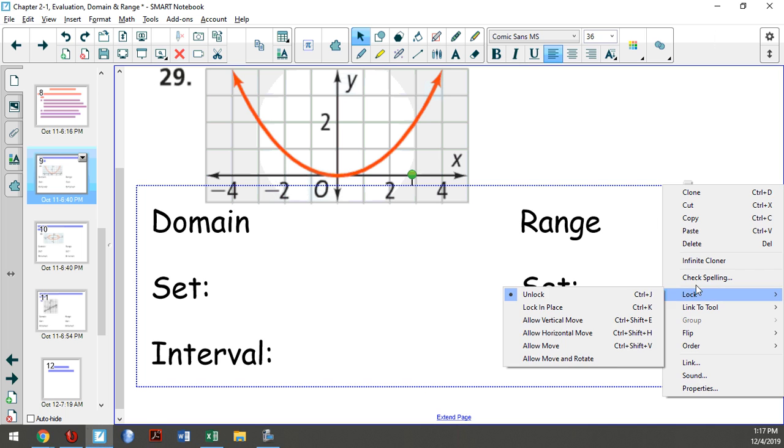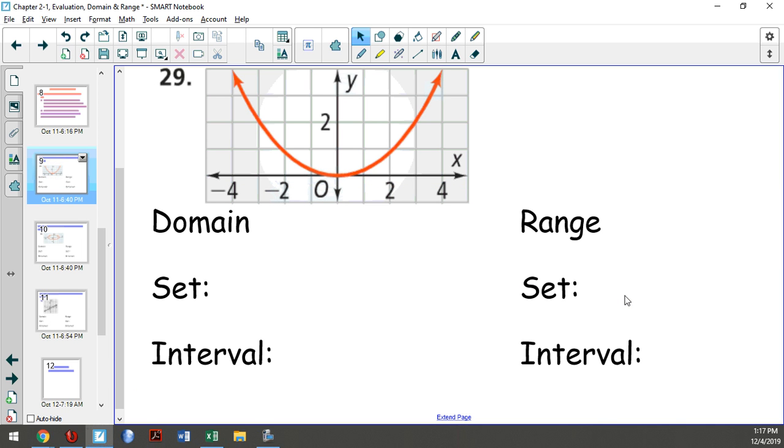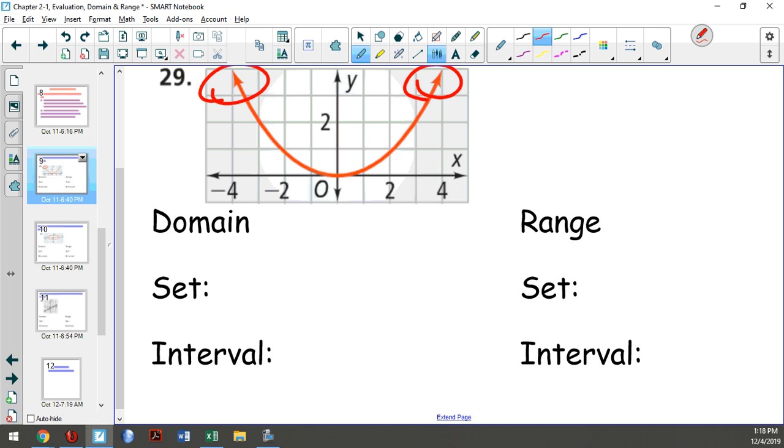So, here we go. The very first thing I want your brain to say is, okay, domain. What letter deals with domain? X. And how do we read this? From left to right. So if I'm reading this from left to right, the very next thing I want to do is look for arrows. What do those arrows mean? The arrows mean that they go off the graph, off the paper, off my board, into the ceiling, through the roof, into the sky, and into outer space. Would you agree with me?